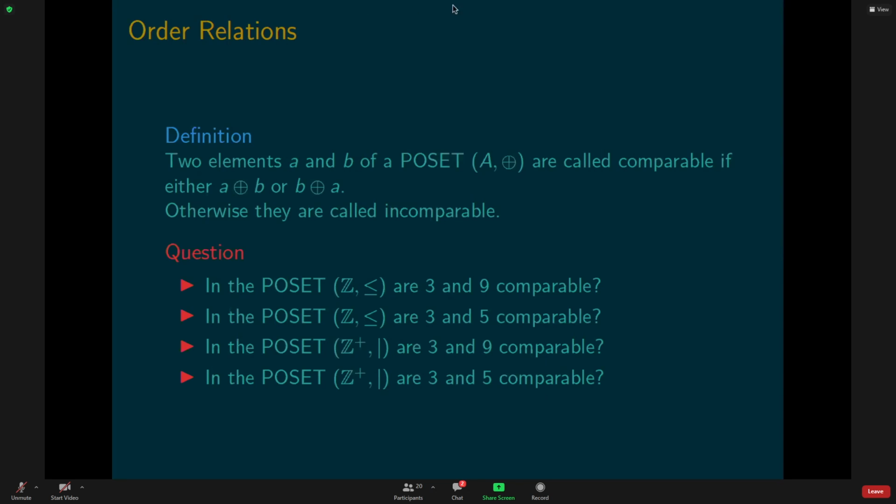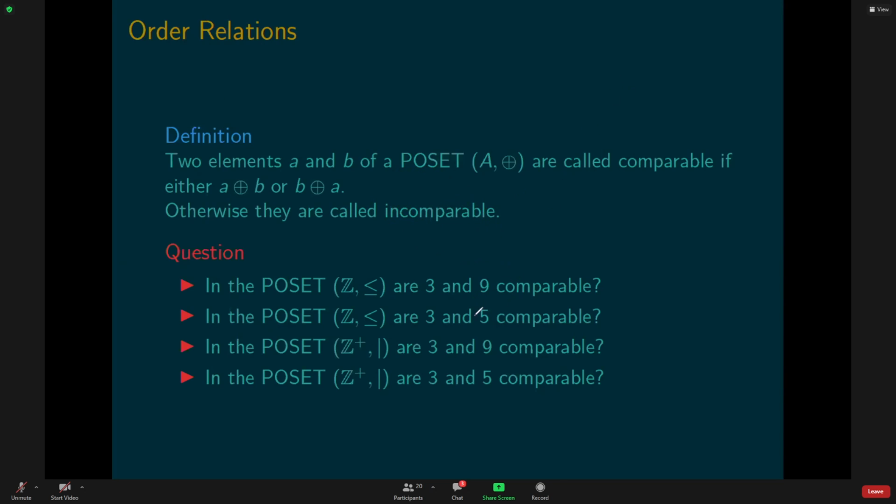Yeah, but I don't see why it cannot be an element. The fact that two elements are not related doesn't mean that in general they're not in the poset, right? Not everything has to be comparable. So it can be in a poset, but not comparable. Yes, but this is why we actually have this definition. Otherwise, we wouldn't even talk about incomparable elements.